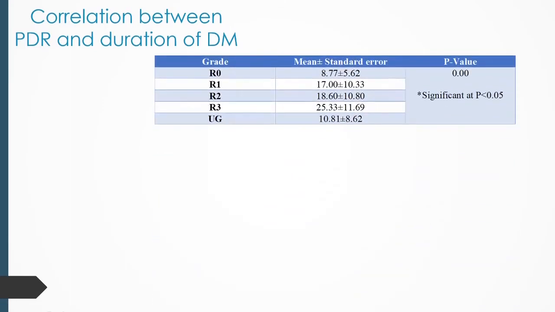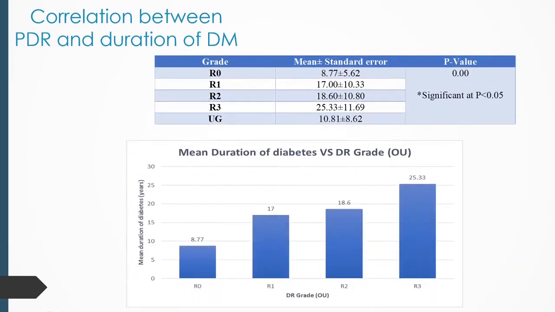Now we want to see the correlation between PDR and the duration of diabetes. We found that each grade has a mean duration. From the table above, we can see that R0 had a mean duration of 8.77, R1 had a mean duration of 17, R2 had a mean duration of 18.6, R3 had a mean duration of 25.33, and those that were ungraded were 10.81.